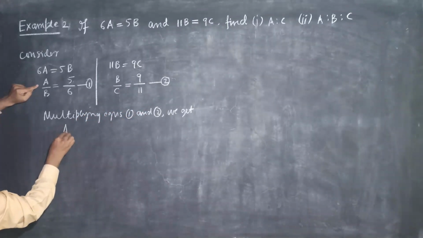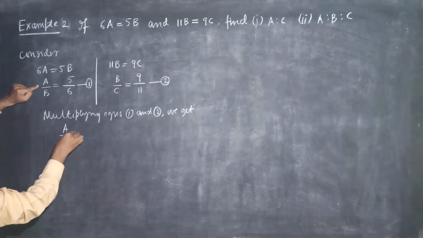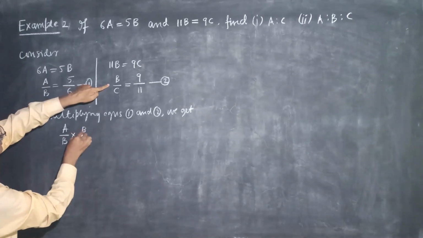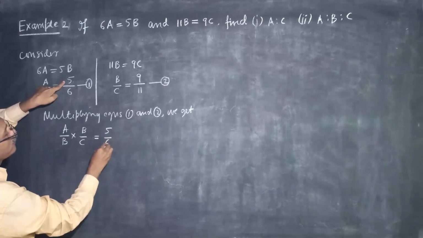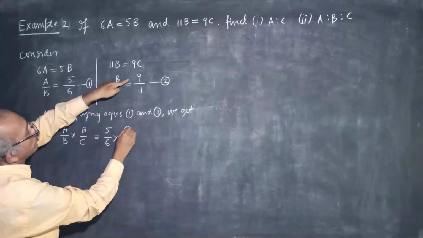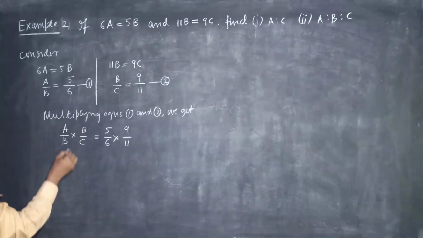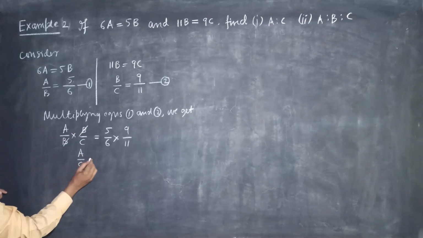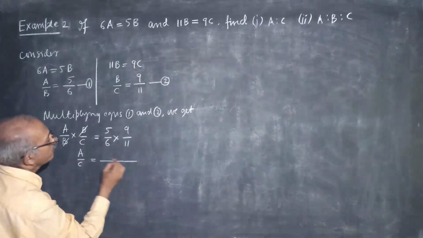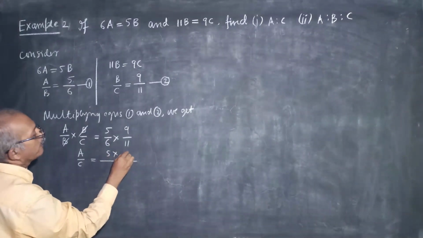So a by b into b by c is equal to 5 by 6 into 9 by 11. Here b cancels, so we got a by c, which is equal to 5 into 9 by 6 into 11.